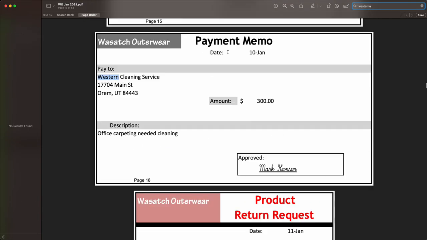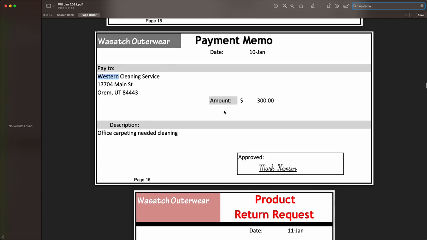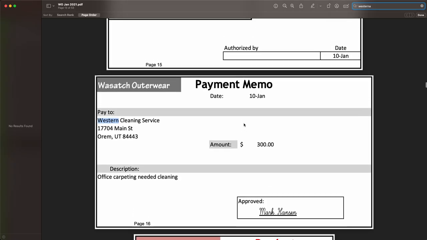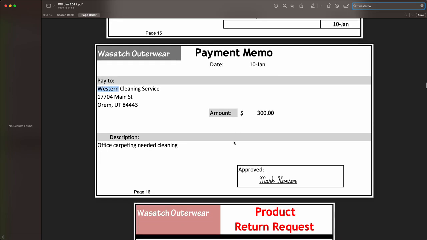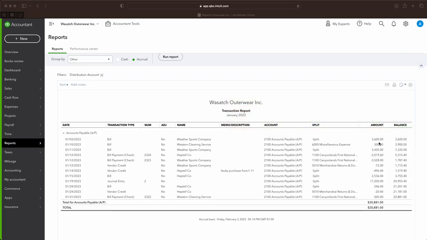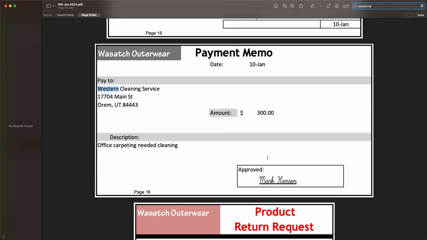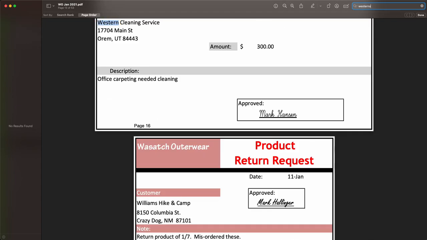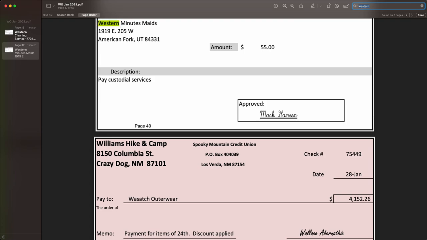Now, I mean, it's a payment memo. So there's one thing, like this bill doesn't have to be in here, but it looks like he paid it off anyway, so it doesn't really matter. Western Cleaning Services.